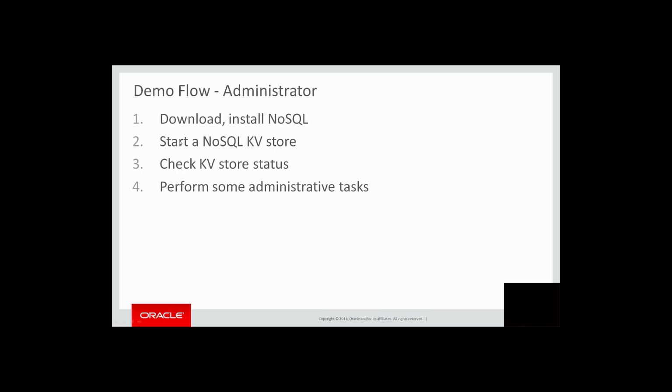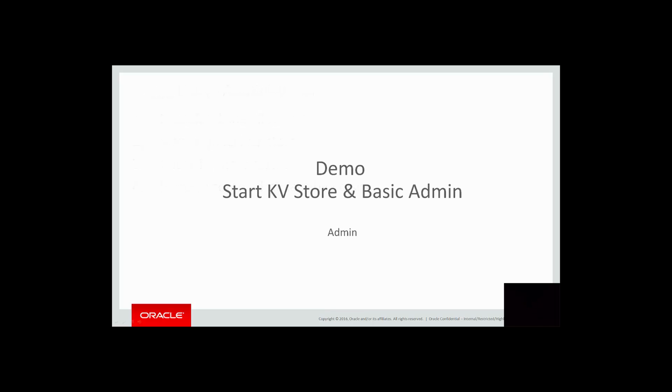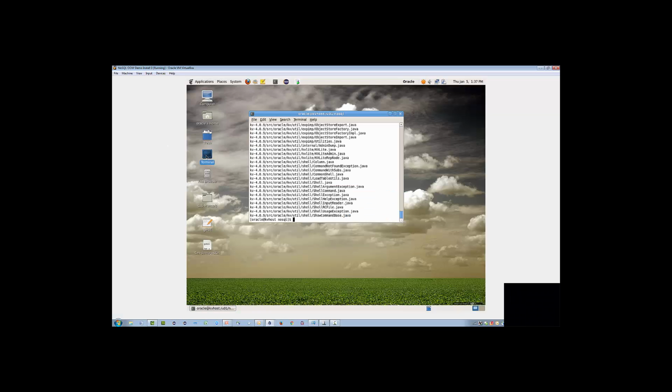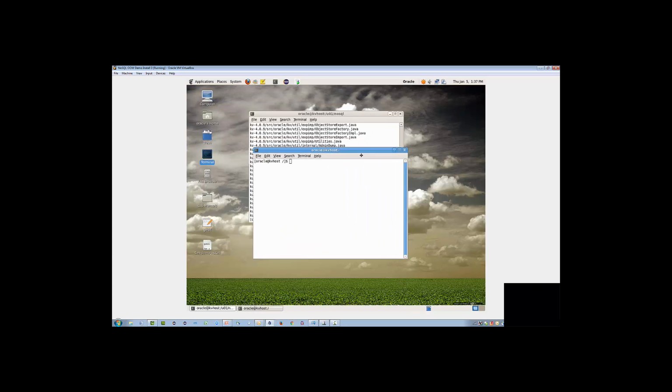Now next is to start a NoSQL KV store. So here is the command to start a KV store. Let me go back to the VirtualBox here. I'm going to open up a terminal.